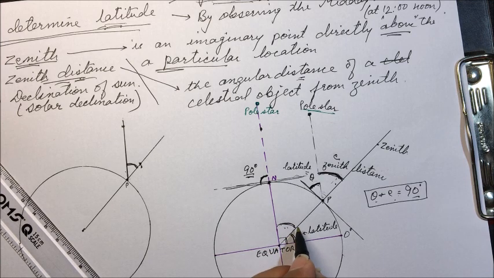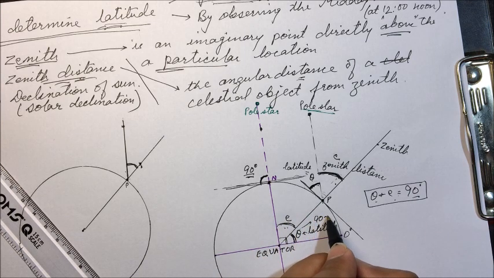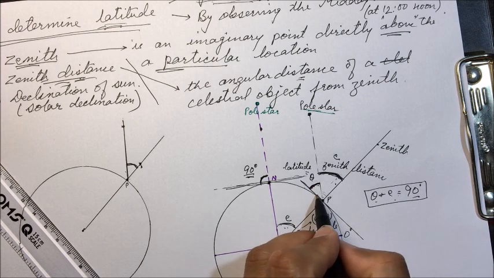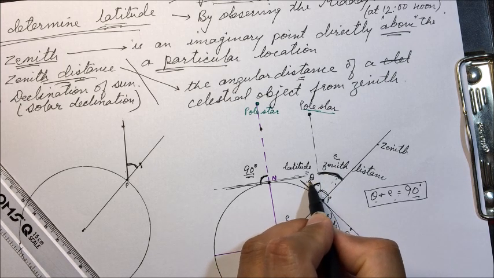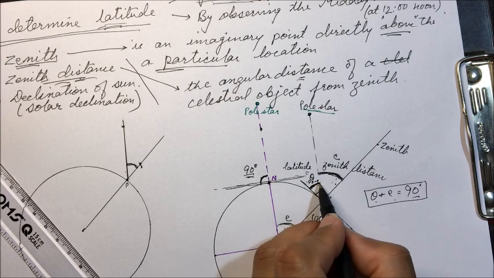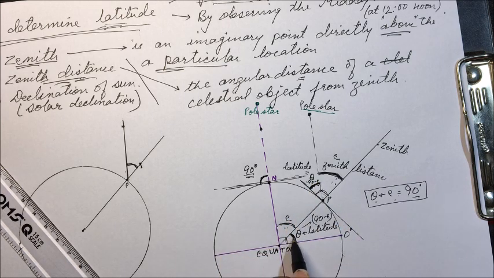For example, this is zenith angle. This angle will be 90 minus E. Similarly, this angle is 90. So this angle will be 90 minus E, and this angle is the latitude at that particular location.